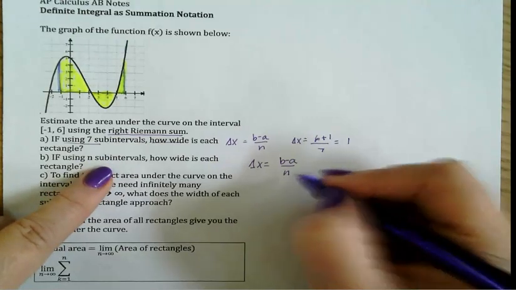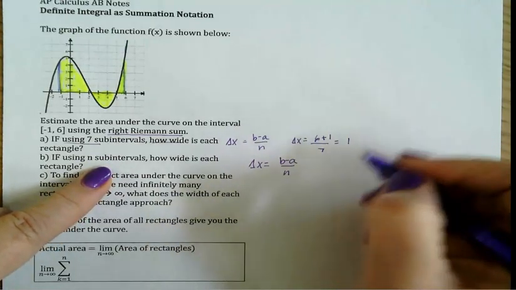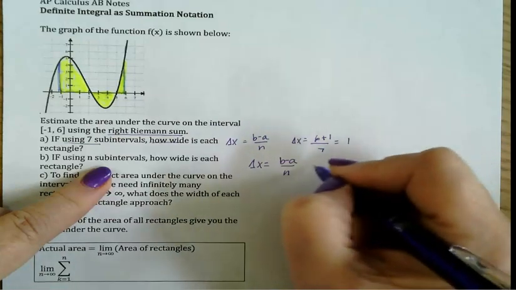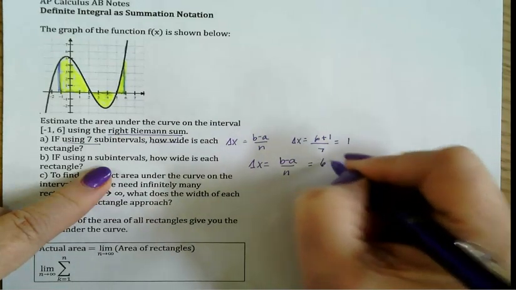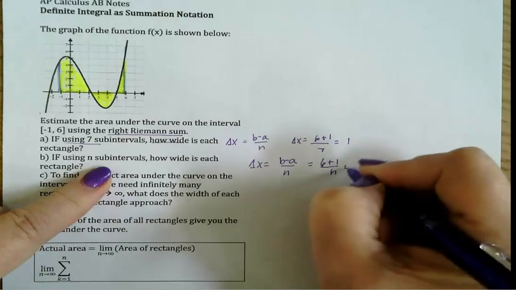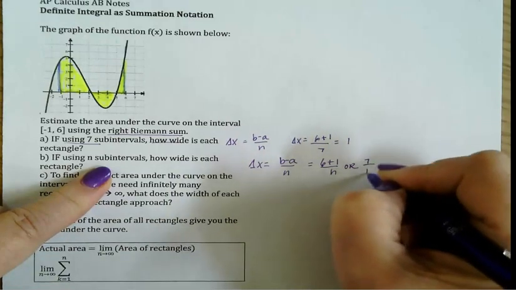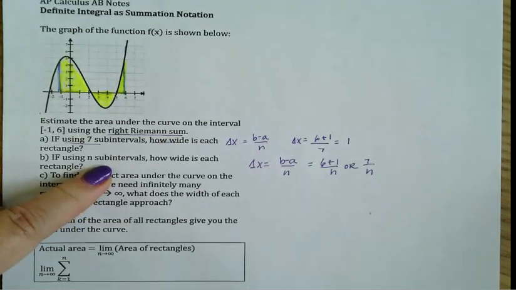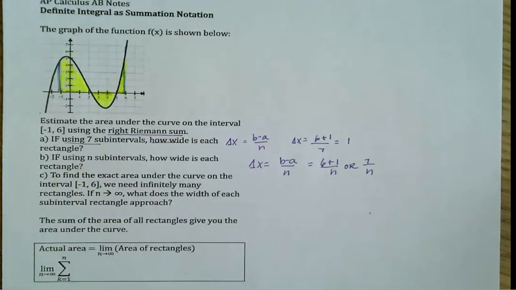So if we're asked to find n subintervals, we would use an n, which translates to this problem being 6 plus 1 over n, or 7 over n. That's what my delta x would be in terms of this particular interval.